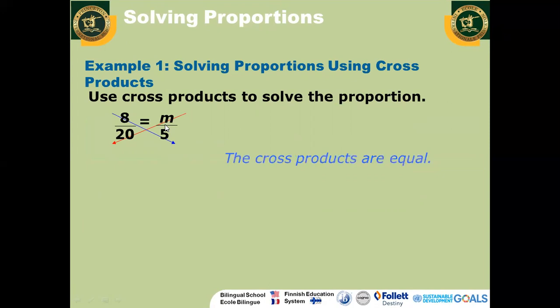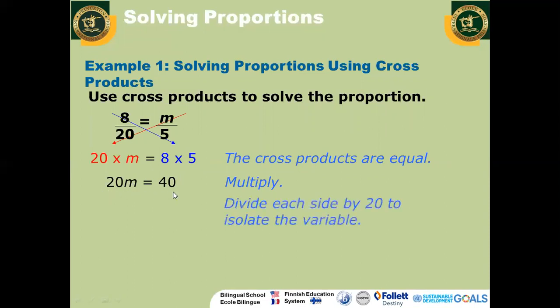So if I want to find the answer, I can say that 20m equals 40. Now it became an equation, so I will divide both sides of this equation by 20. So the value of m is 2. The missing numerator in the second fraction is 2.